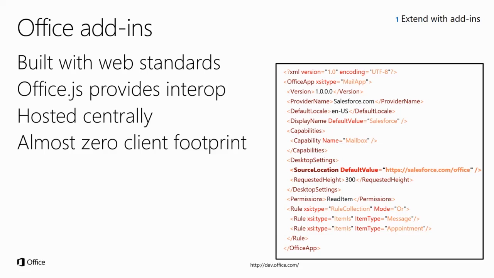So for example, here you could see source location is pointing to salesforce.com/office. So the actual add-in is sitting on salesforce.com. It describes some metadata about the add-in. That's basically all that's sitting on the Office client, on the client machine. Just an XML file which will point to where to find the add-in and what the add-in can do.